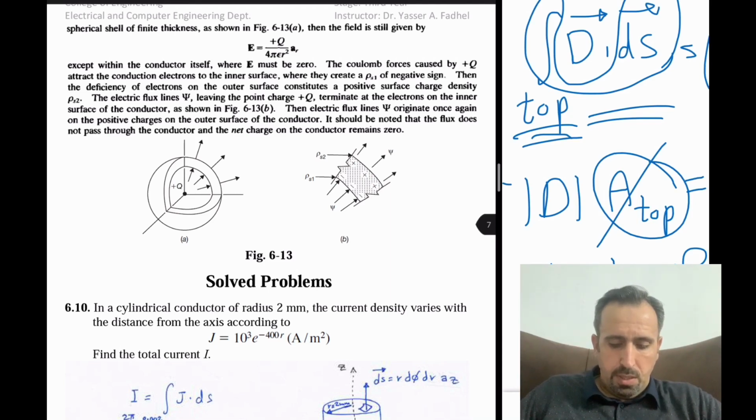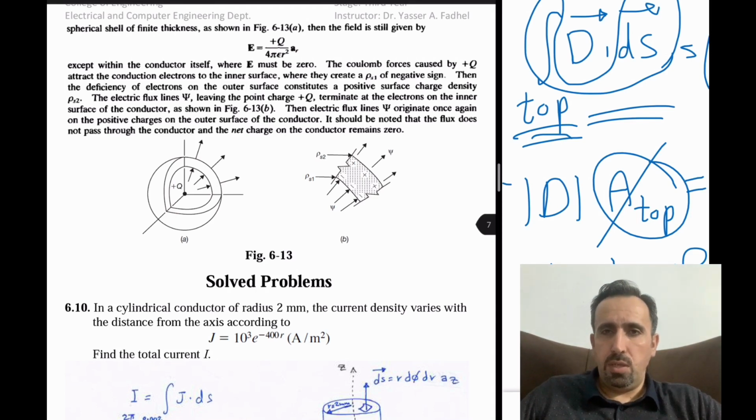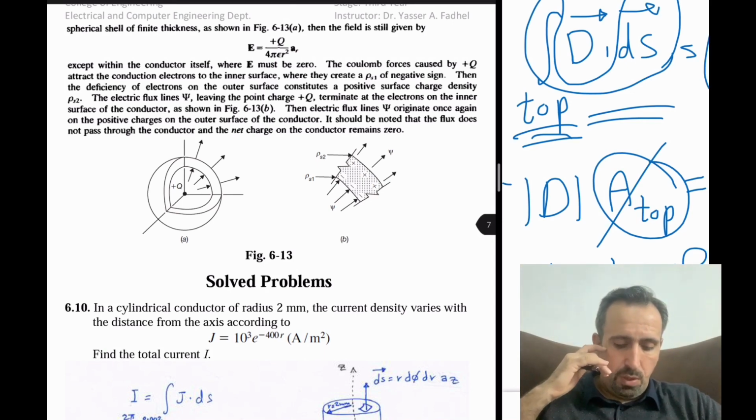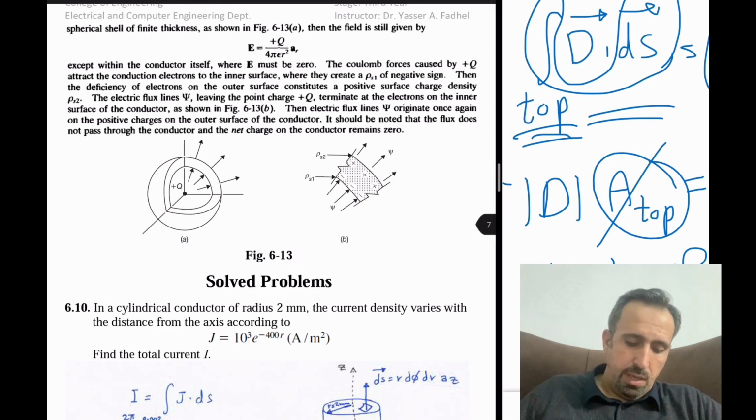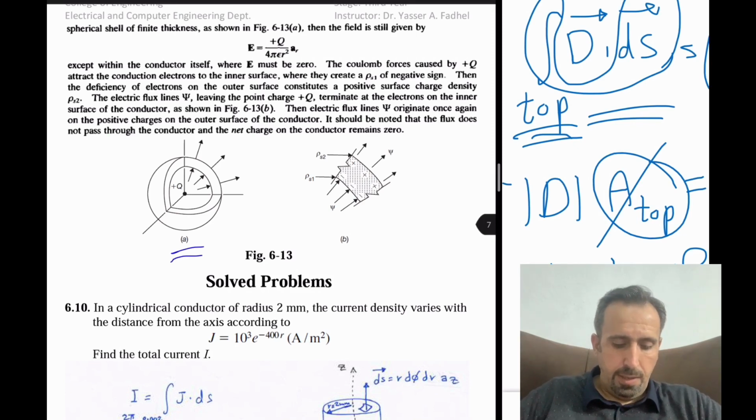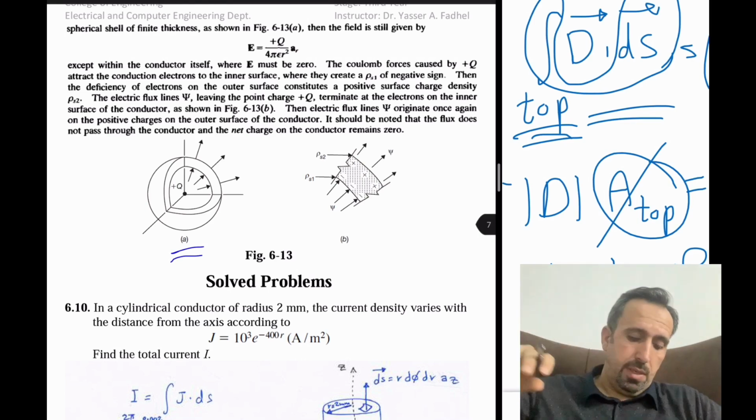Figure 6.13 talks about a certain case of having a positive point charge at the center, and this positive point charge surrounded by a certain spherical shell, as shown in figure 6.13 A. Something very important: the electric field around this positive charge will be given by this formula.